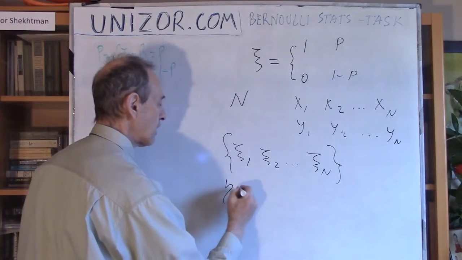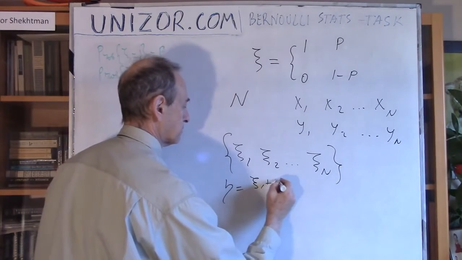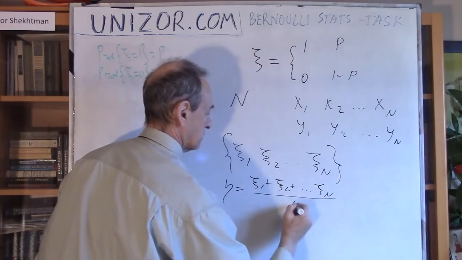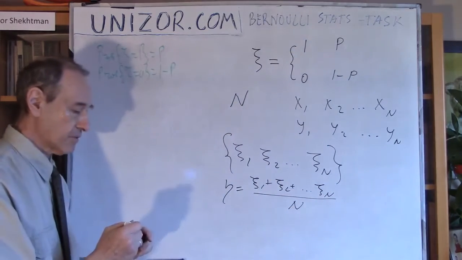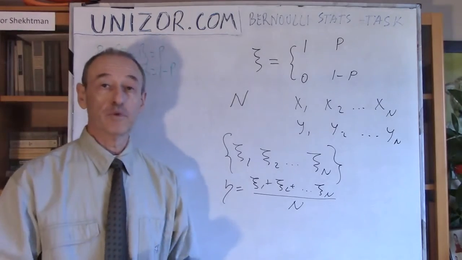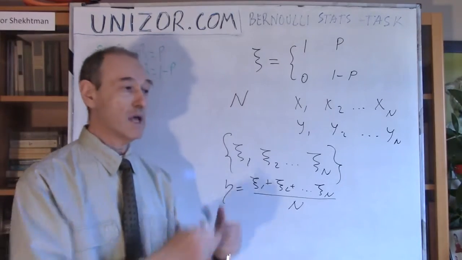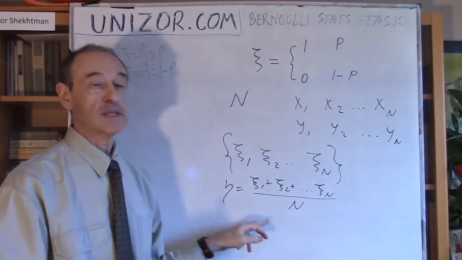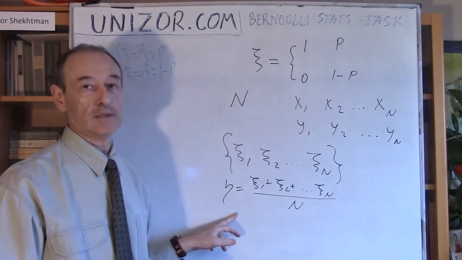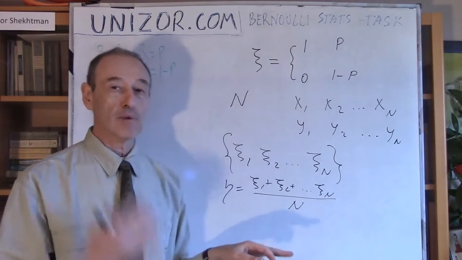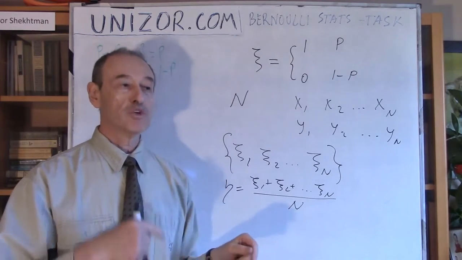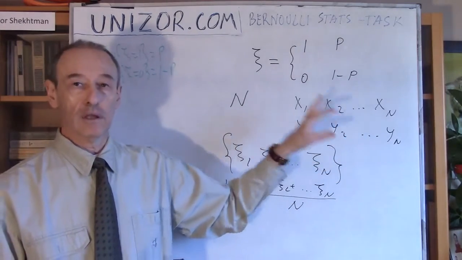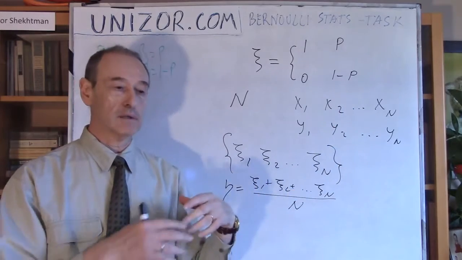So I have a new random variable, and this is the frequency, which is also a random variable, because one person conducting this combined experiment will get one value of this, another person will get another value of eta.